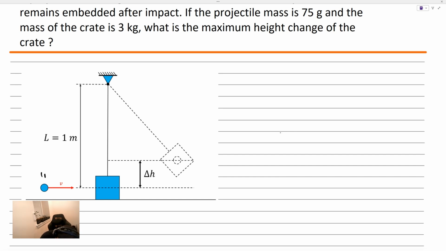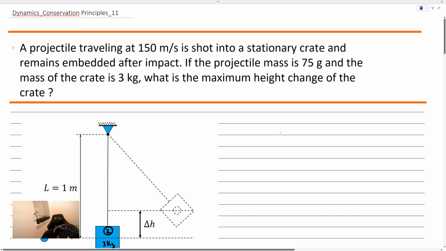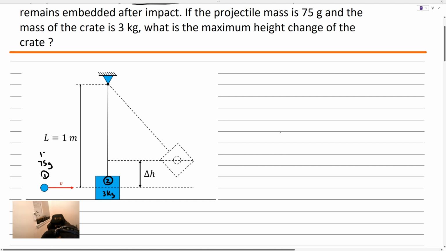Now if we label this first mass 1, and the crate mass 2, we're given that the mass of the first object is 75 grams, the mass of the second object is 3 kilograms, and the approach speed of the first mass is 150 meters per second.